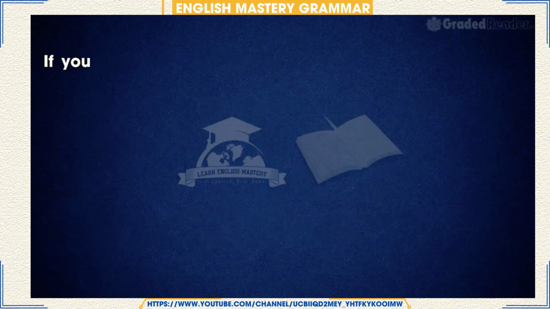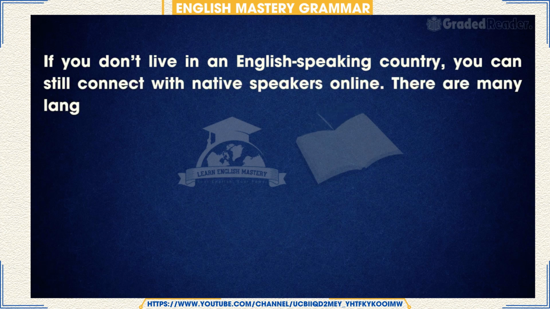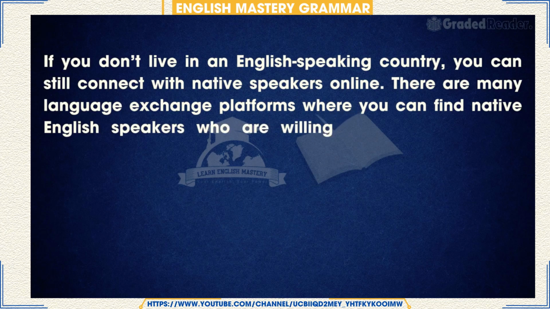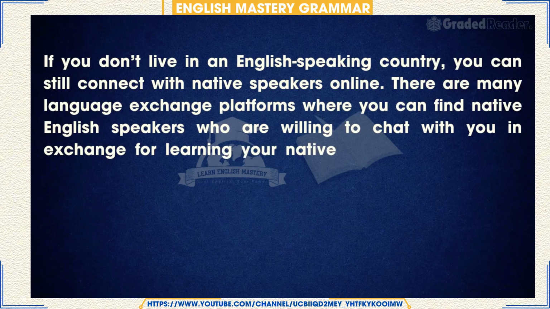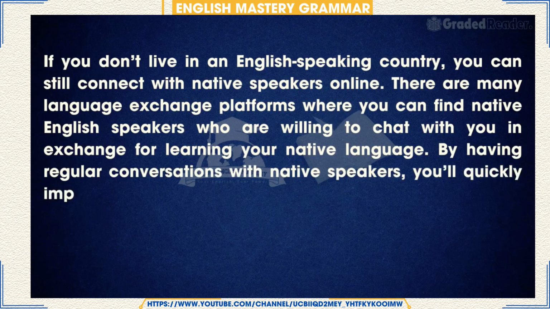If you don't live in an English-speaking country, you can still connect with native speakers online. There are many language exchange platforms where you can find native English speakers who are willing to chat with you in exchange for learning your native language. By having regular conversations with native speakers, you'll quickly improve your vocabulary and fluency.